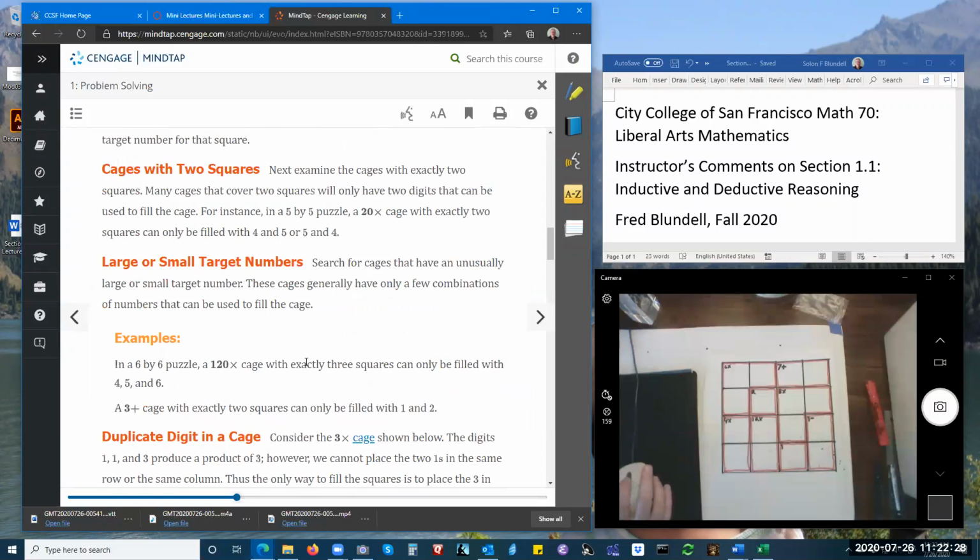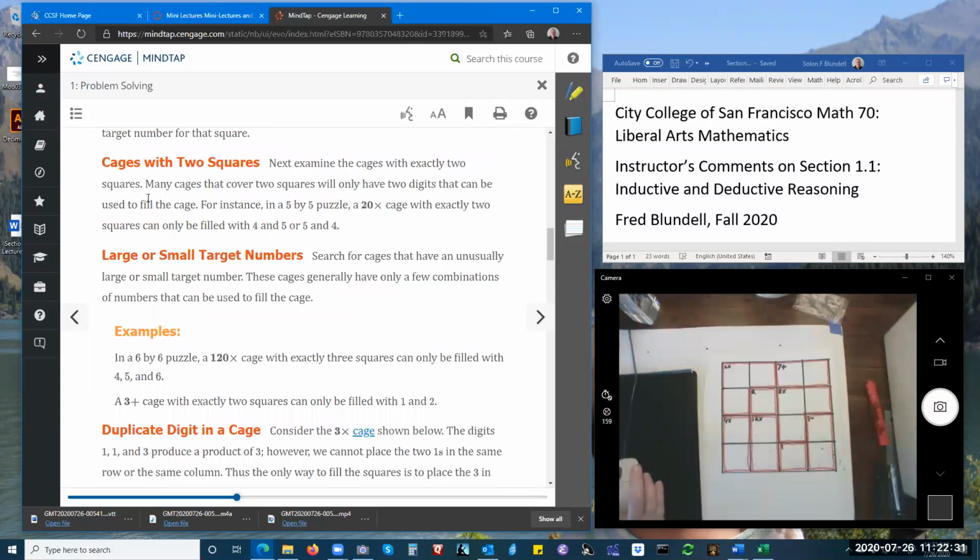So those are the rules. And then I want to come down here to the strategy. So to start, the single number cages are done already. So that's a 2 and that's a 1. And then you go to the cages that have just 2 squares in them, like this one or this one or this one or this one, because the small cages are usually easier to figure out.